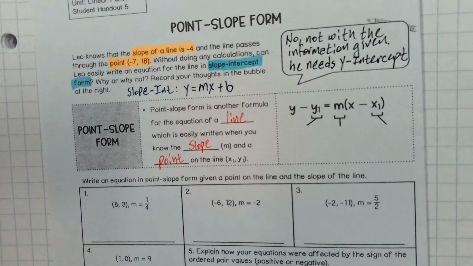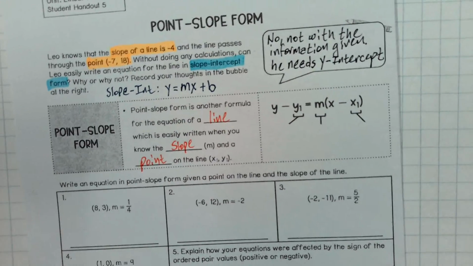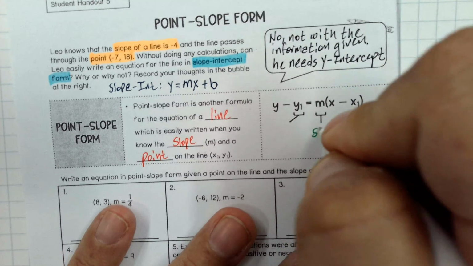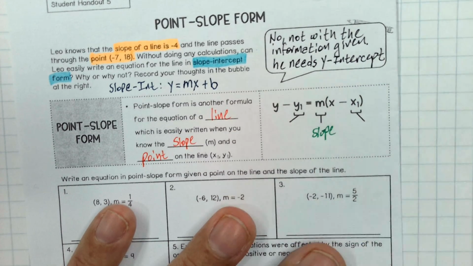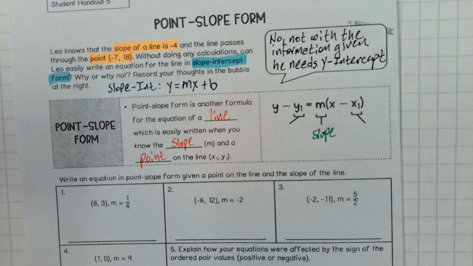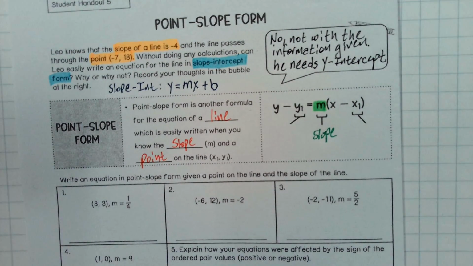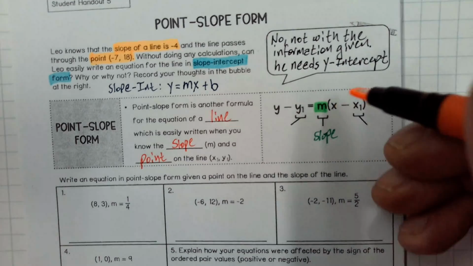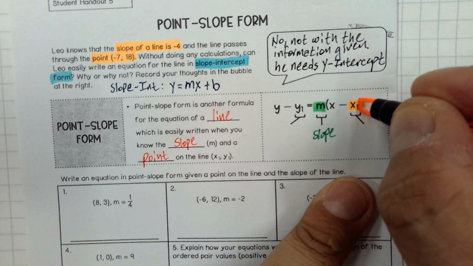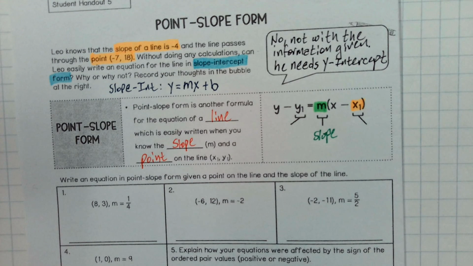Zoom in a little more. Here's our slope, of course. So in that equation, in our lovely equation, this is the slope, the m. And then we have x1 and y1. You guys recall what x1 is? What part of that point? Yeah, it's the x coordinate of that point.